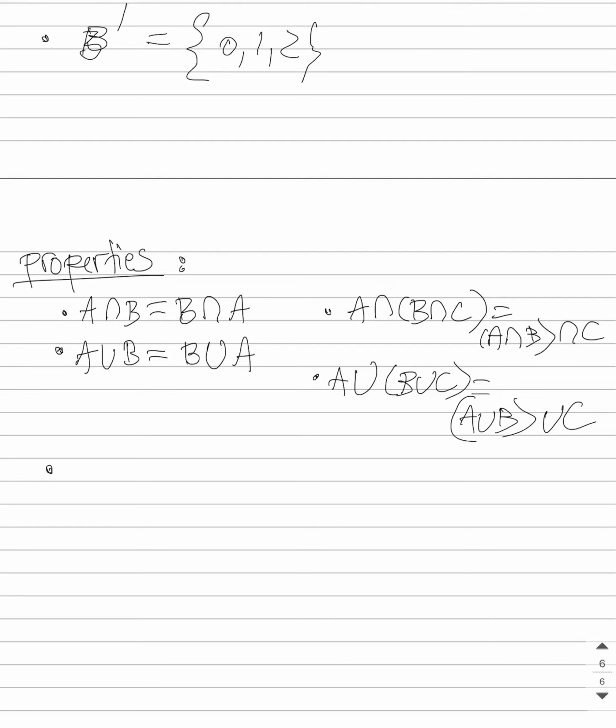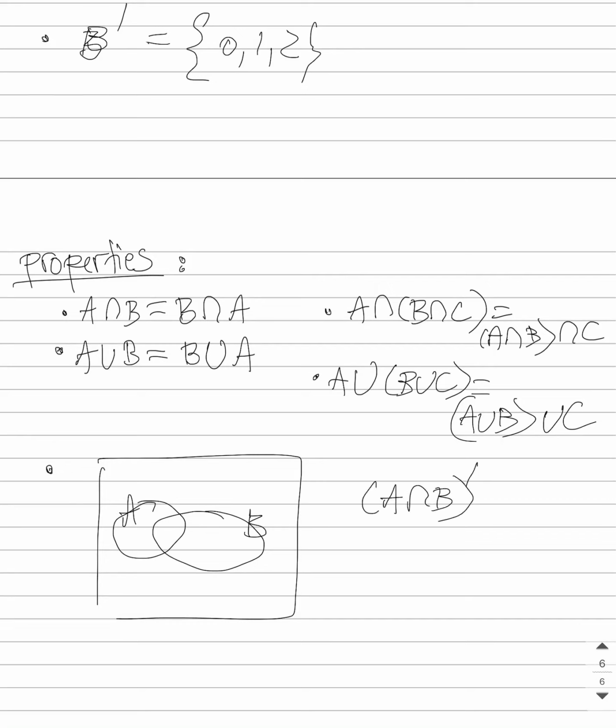And here perhaps a picture will help a little bit, right? So if I've got two sets like this, let's call this A and let's call this B. If I say to you, what is the complement of the intersection of these two sets? So here is the intersection.